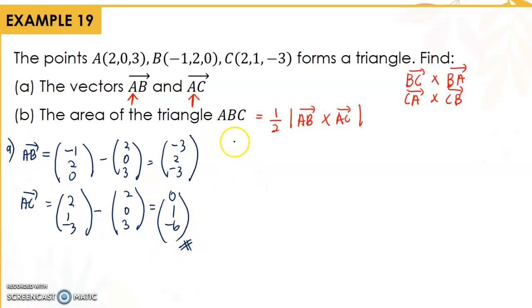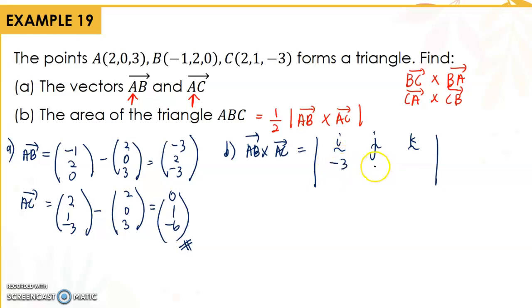For question B, we are going to find AB cross AC first. It equals i, j, k. AB comes first, so the second row will be vector AB: negative 3, 2, negative 3. AC: 0, 1, negative 6.